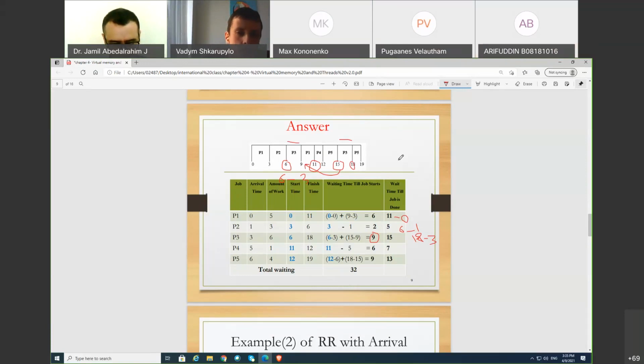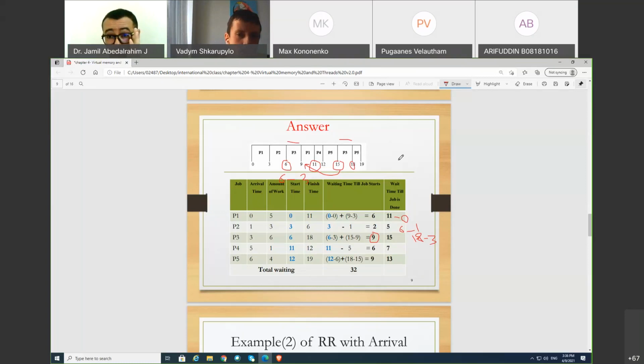Am I right? I will explain what I understood, and you will correct me if I don't understand something correctly. So we have arrival time. It's the time when the process arrives.